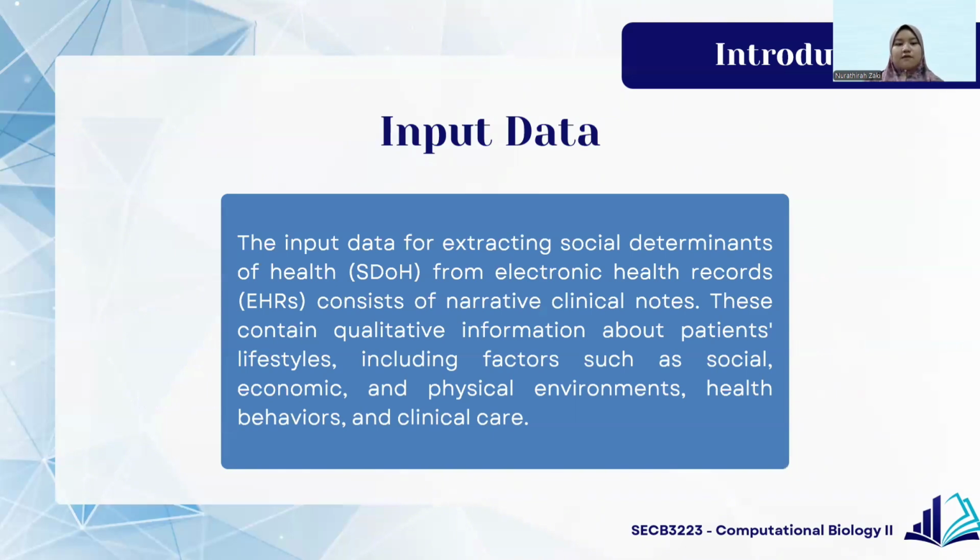So the input data of this paper is the extraction of SDOH from electronic health records, EHRs, consisting of narrative clinical notes with qualitative information about patient lifestyle, including factors such as social, economic, physical environment, and also health behavior.